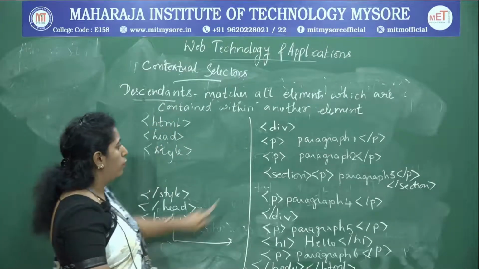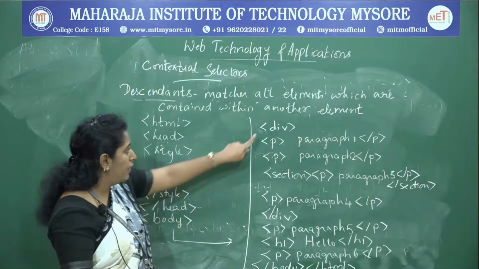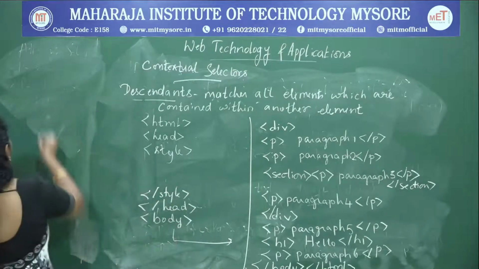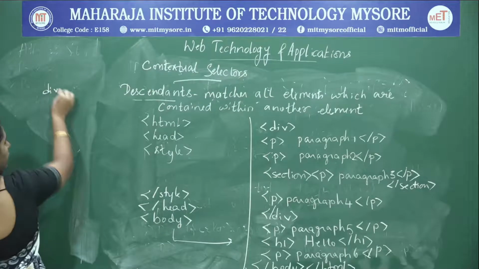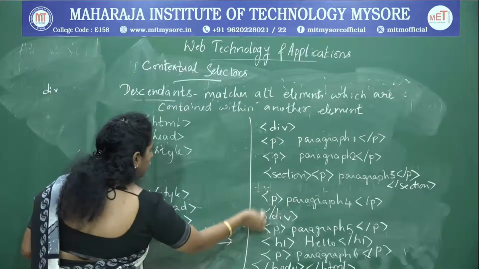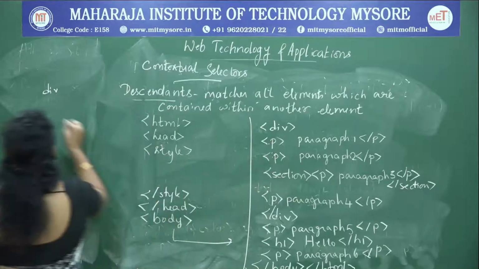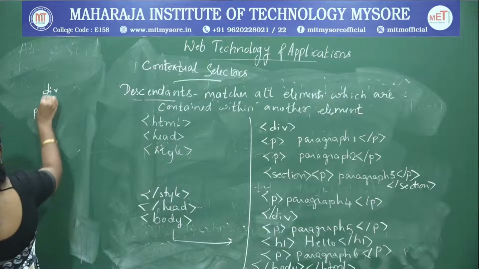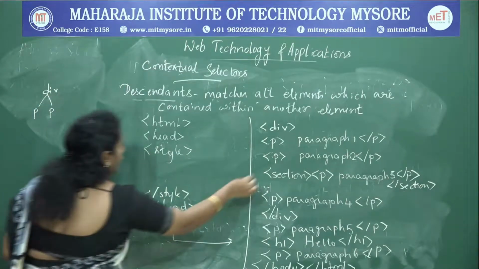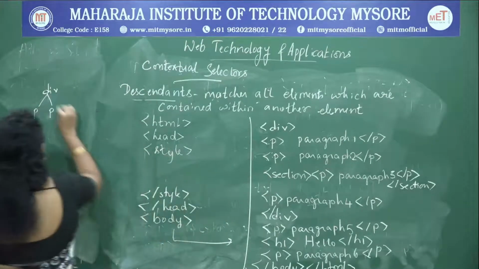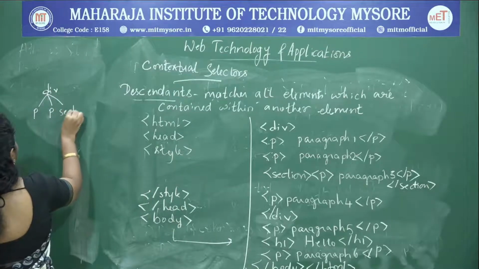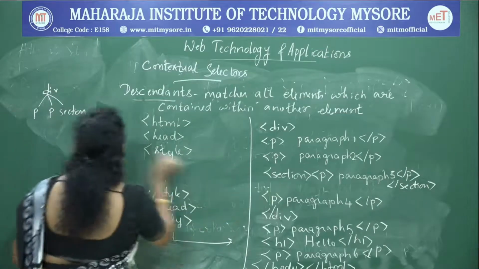So when you enter into the body, div is one element. Under this, which are all the elements? P, yes. One more P, yes. Next, under this section, I have P.